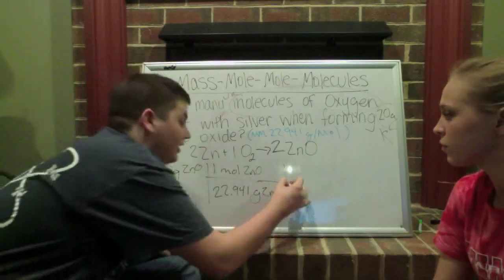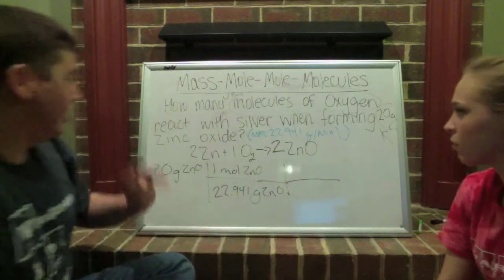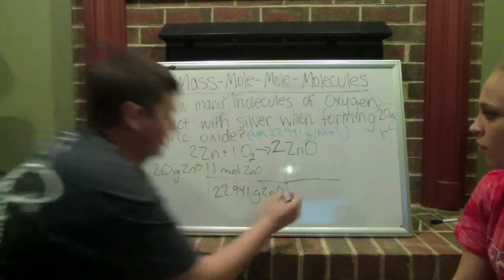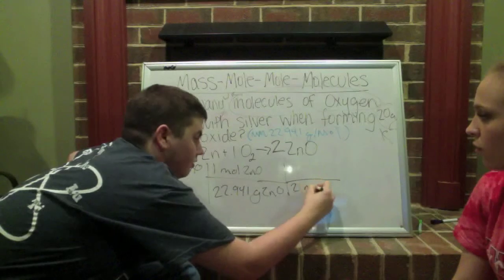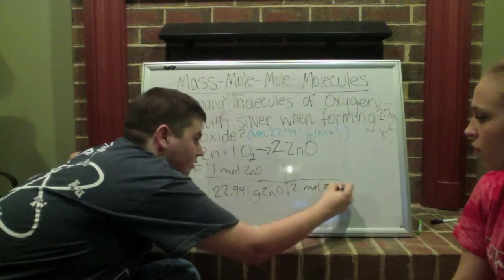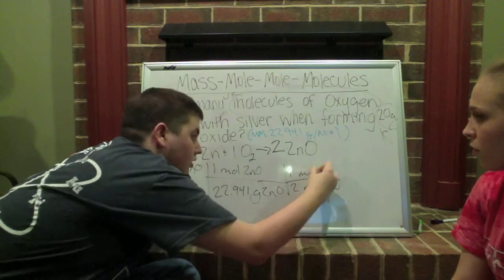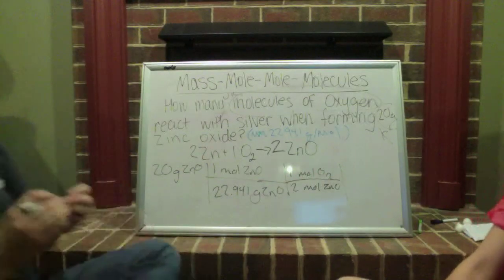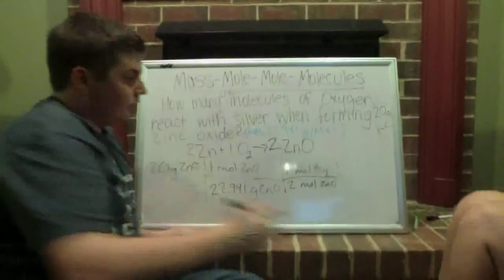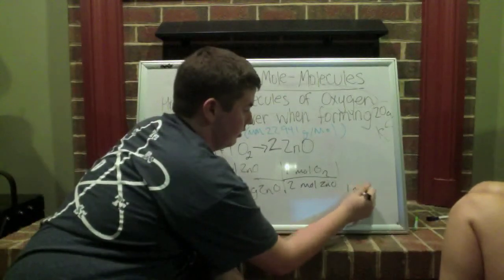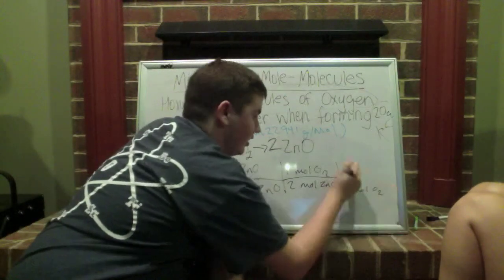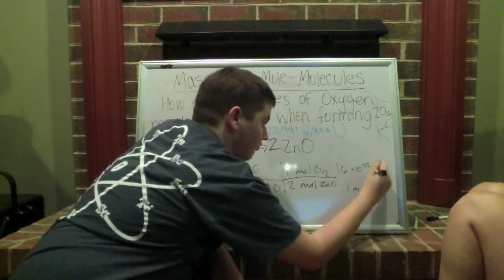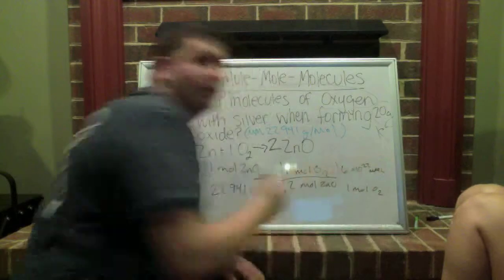We're trying to get to oxygen, so here we go with mole ratio again. There's 2 moles of zinc oxide for every 1 mole of oxygen. So 2 moles zinc oxide, 1 mole O2. Now you have to use Avogadro's number, which states that for every mole of a substance, there are 6 times 10 to the 23rd molecules of that.